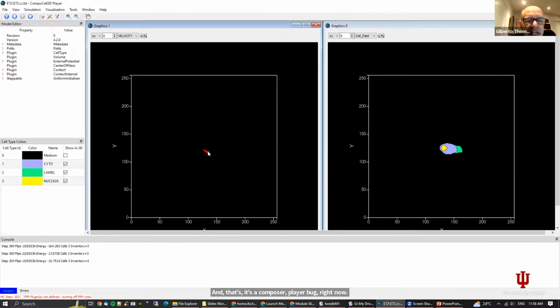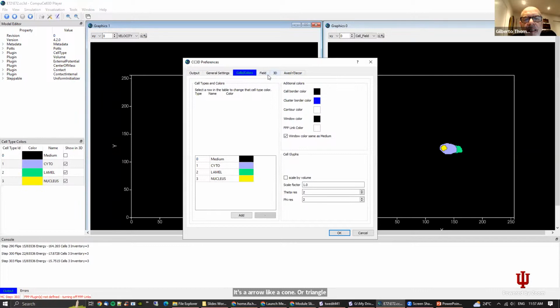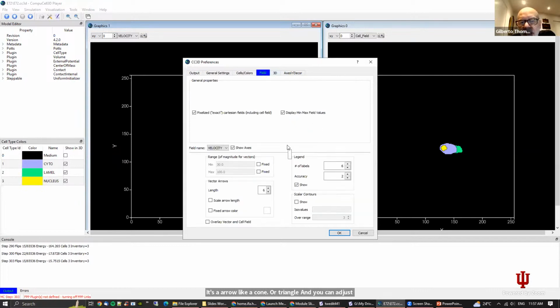And here is the vector describing the nucleus velocity of that cell. It's an arrow, like a cone or a triangle, and you can adjust the size of this arrow here. See, length of the arrow.